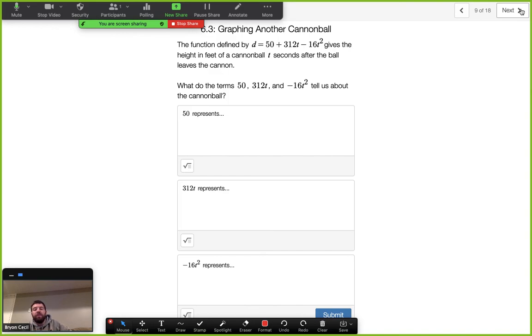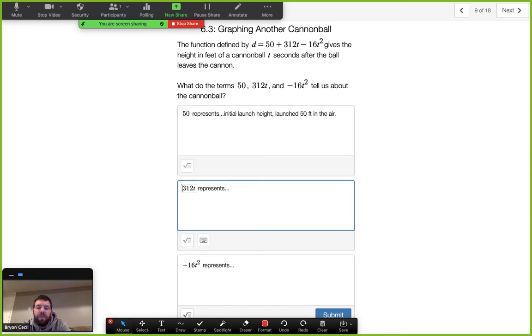So in this one, we have 50 plus 312t minus 16t squared. What do the terms 50, 312, and negative 16 tell us about the cannonball? Using these from earlier, the 50 is the initial launch height, so it was launched 50 feet in the air.